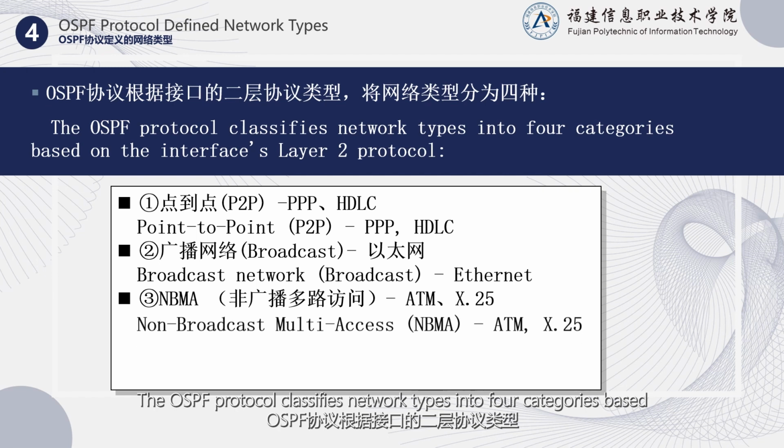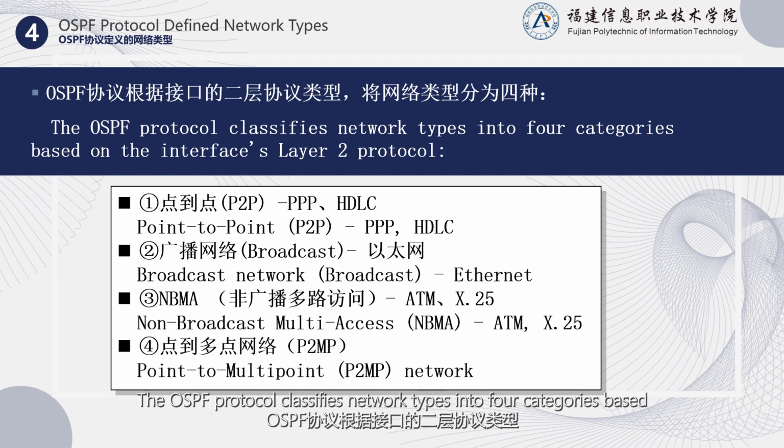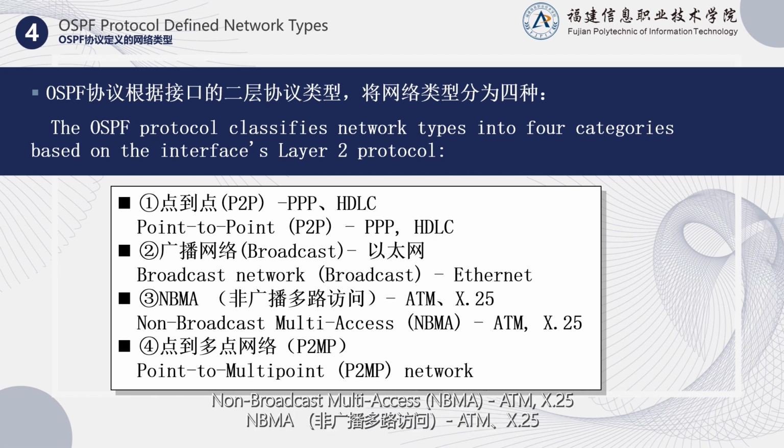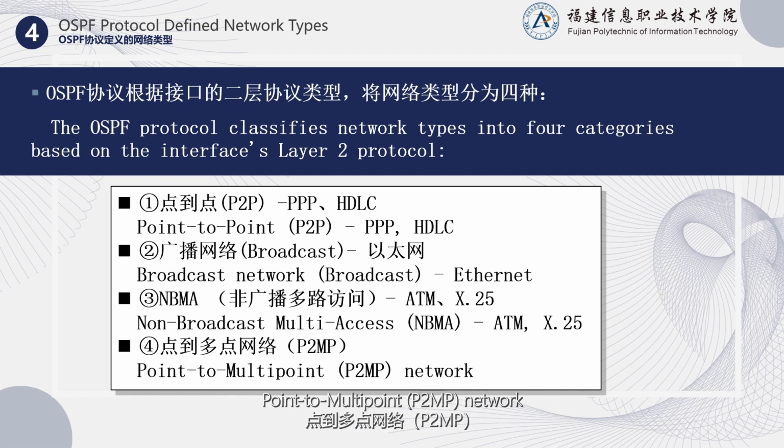The OSPF protocol classifies network types into 4 categories based on the interface layer 2 protocol. Point-to-point, P2P, PPP, HDLC. Broadcast network, broadcast, Ethernet. Non-broadcast multi-access, NBMA, ATM, X.25.